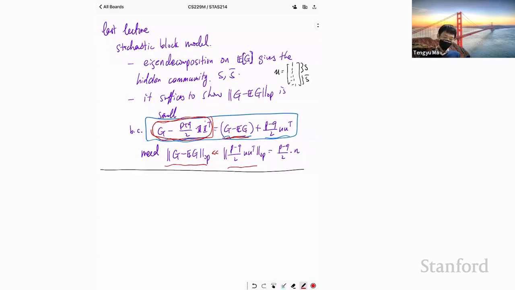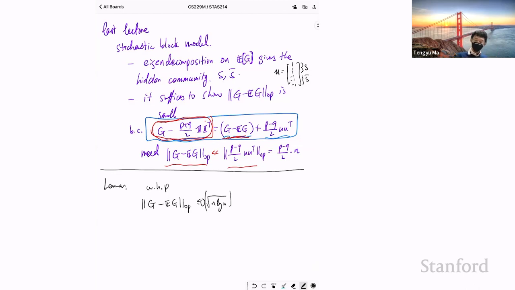So we're going to prove our lemma: with high probability, the operator norm of G minus expectation G is less than square root of n log n, up to a constant factor.